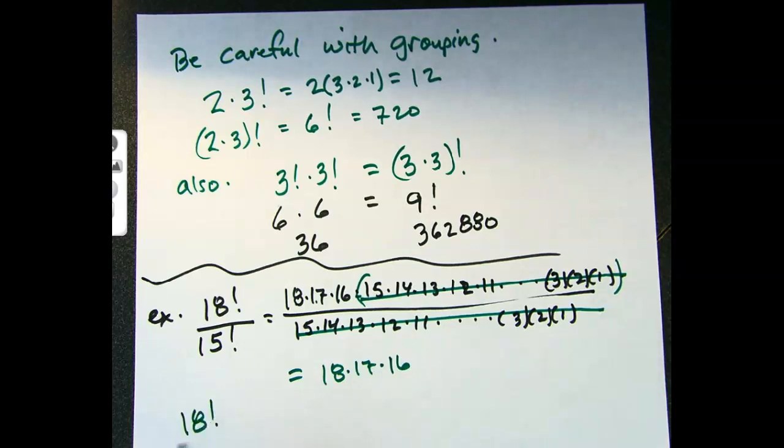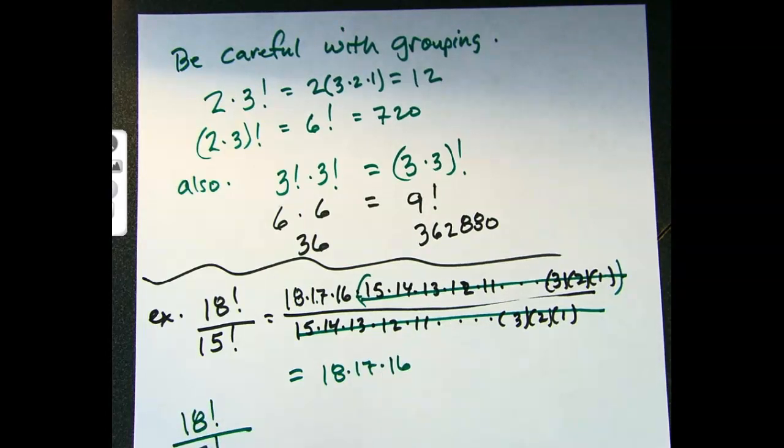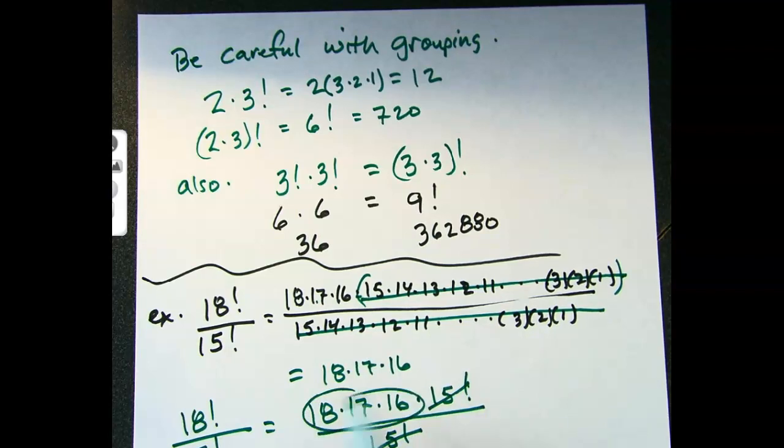So 18 factorial over 15 factorial is 18 times 17 times 16 times 15 factorial, divided by 15 factorial. And there's our answer.